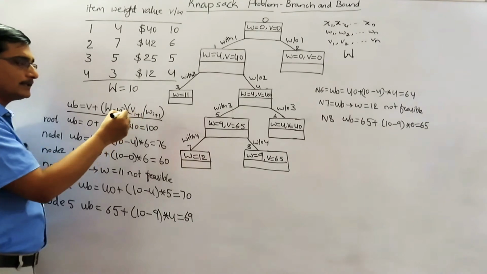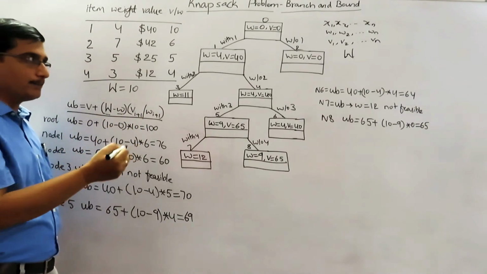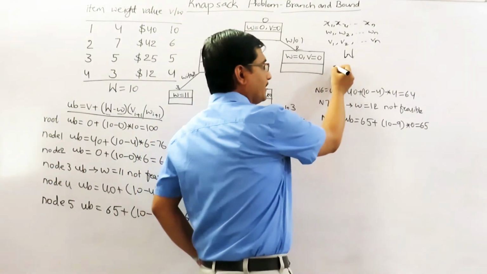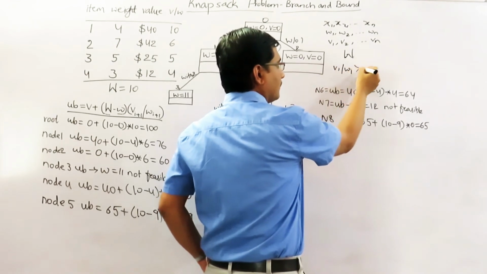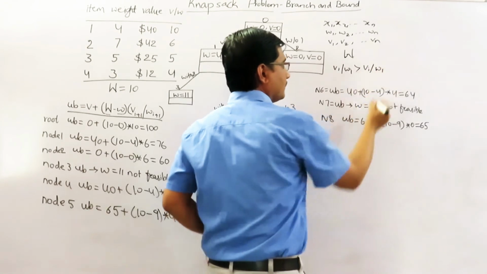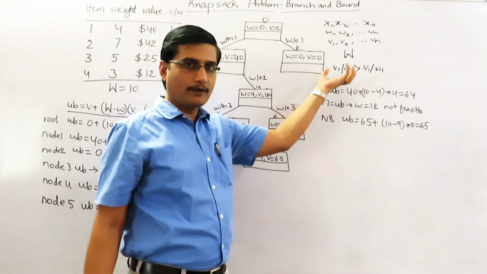So this will give us the profit to weight ratio, or value to weight ratio, because we had seen that in dynamic programming we were considering the items in this way. That is the value to weight ratio. We are going to find it.